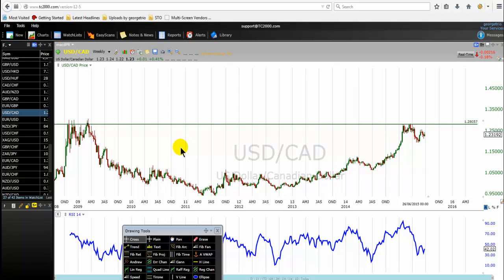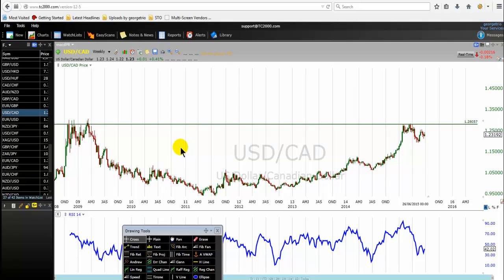Okay? So now we know that this pair is negatively correlated to crude oil, all right? It's also negatively correlated to the euro dollar, which is the leading currency pair. If we are trading the US dollar Canadian dollar currency pair, we must keep our eyes on crude oil. And if crude oil is going up, we are giving priority to sell signal for the US dollar Canadian dollar currency pair.